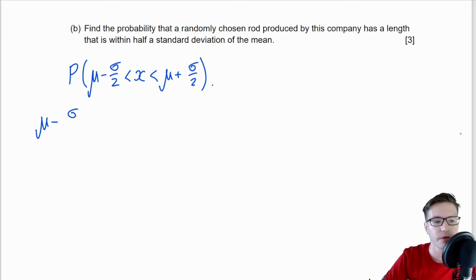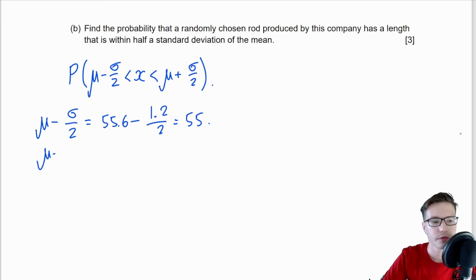And now let's calculate both values. Our sigma is 1.2, so mu minus sigma over 2 is 55, and mu plus sigma over 2, 55.6 plus 1.2 over 2, that is 56.2.